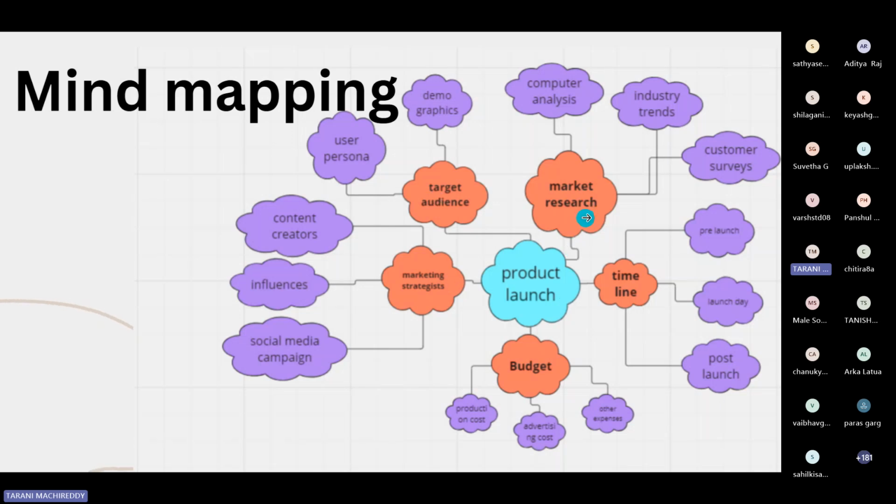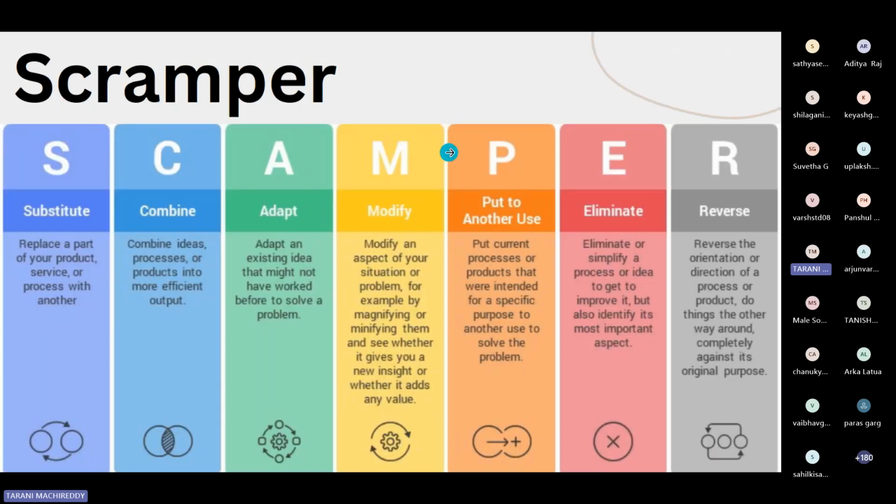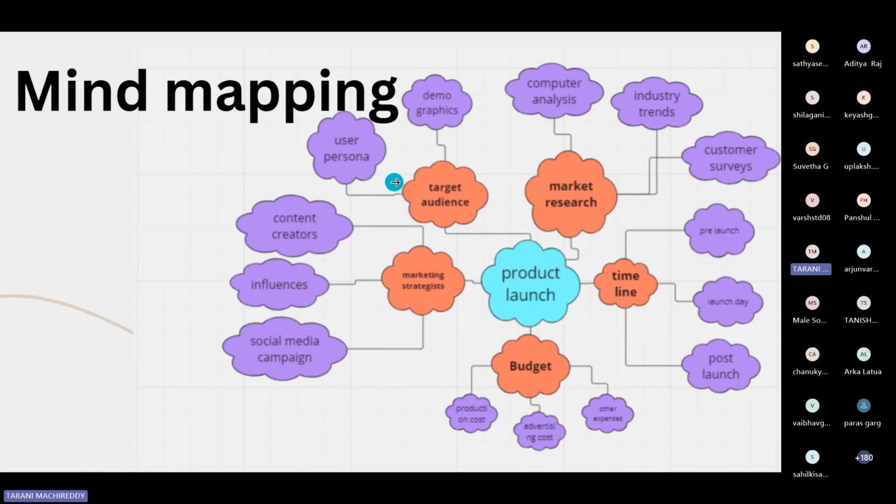And for every branch there is a sub branch. For target audience, we can see whom we can target by using user personas or demographics. For market strategies, we can collaborate with content creators and influencers, and post on social media and do a social media campaign.